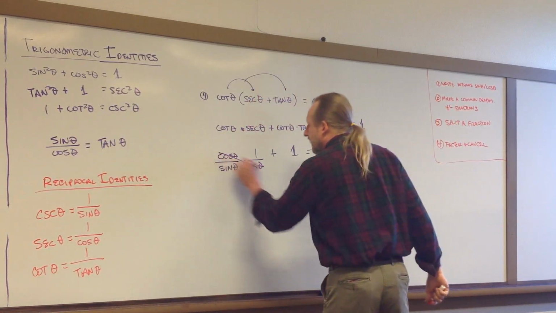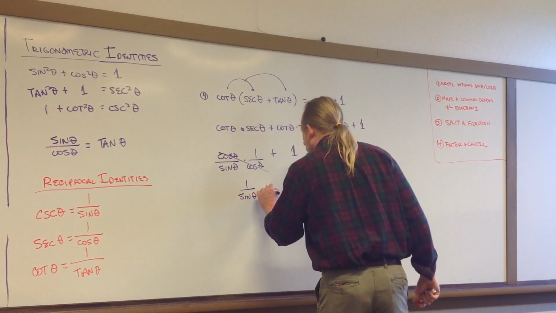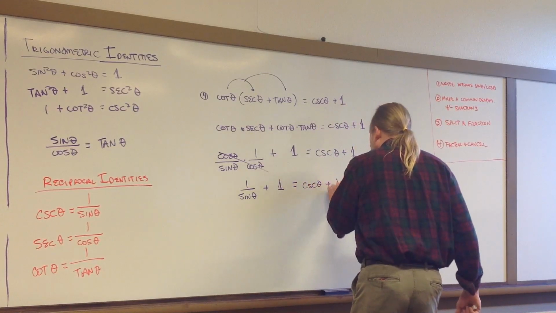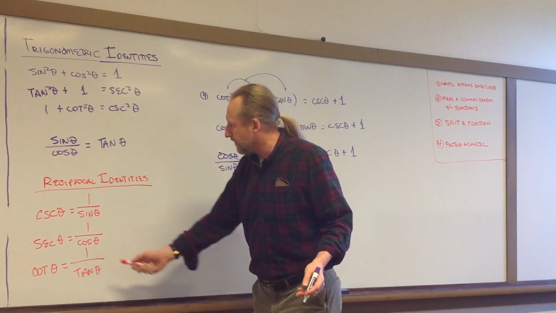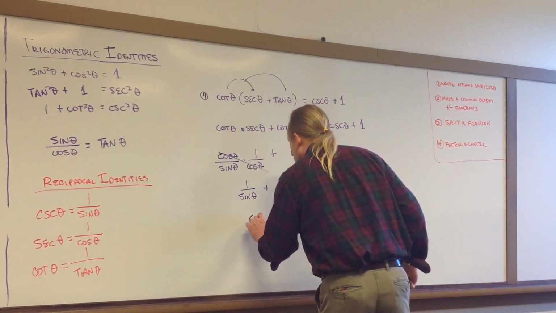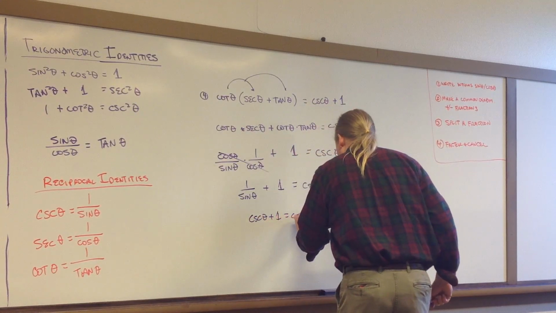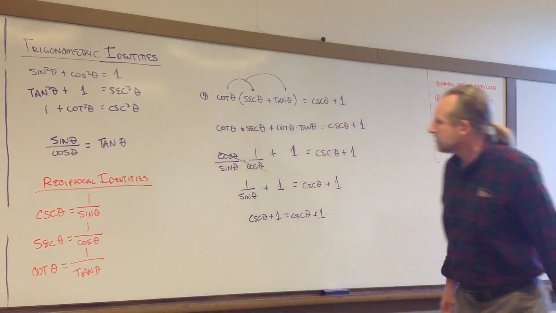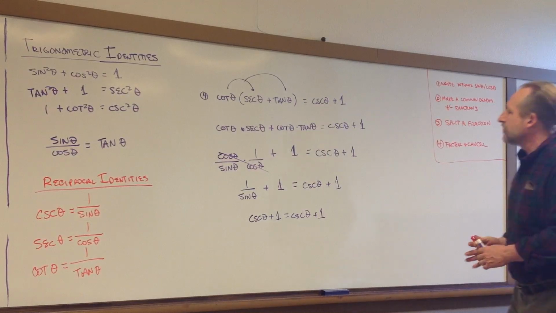So these cosines cancel out, and we're left with 1 over sine plus 1 equals cosecant theta plus 1. And that's just a definition. That's an identity itself, which is that the cosecant is 1 over the sine. And so we can take 1 extra step here and write the same thing on both sides, and we're done. Okay? All right, that's problem 4.